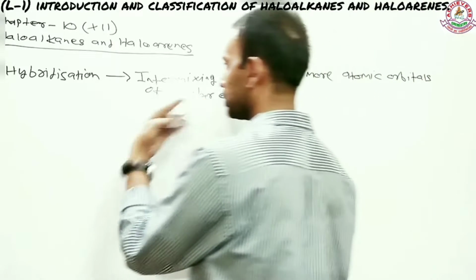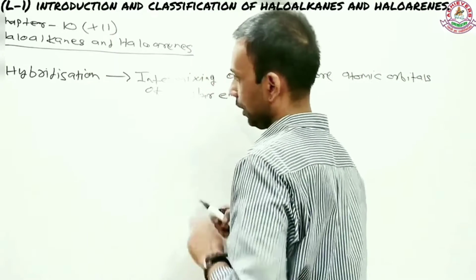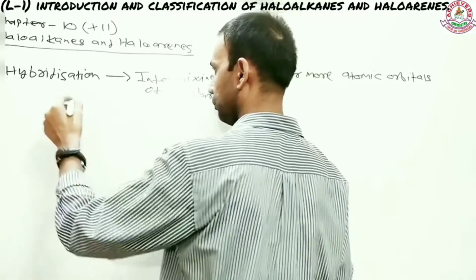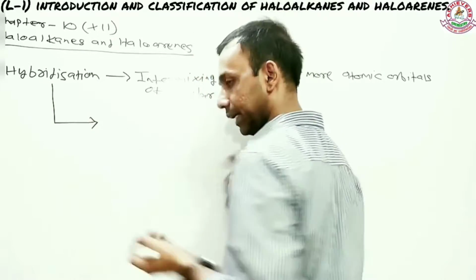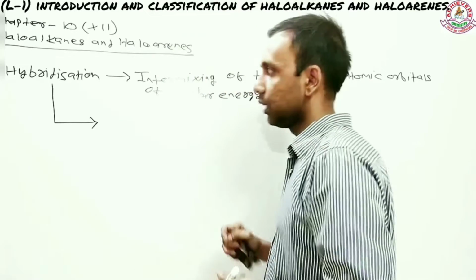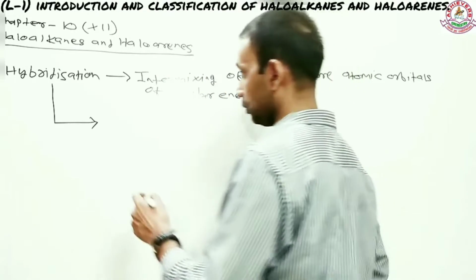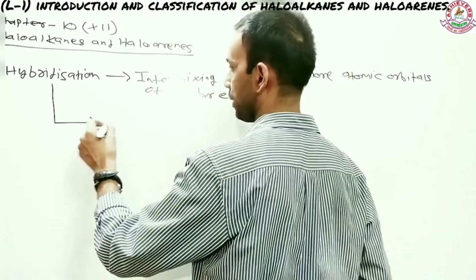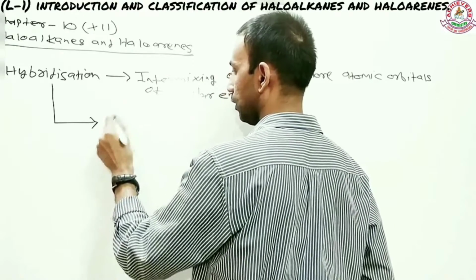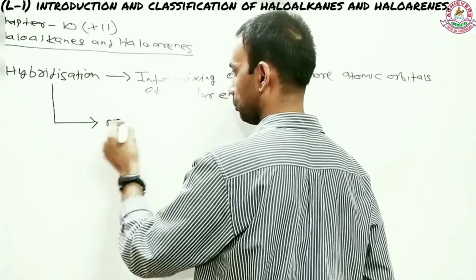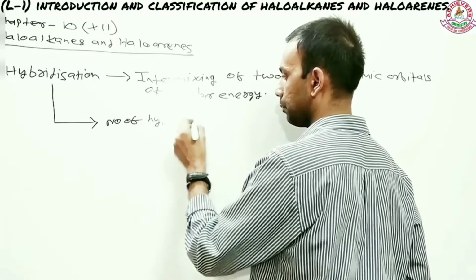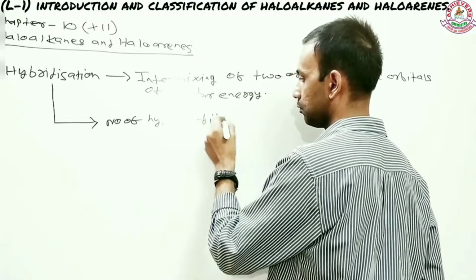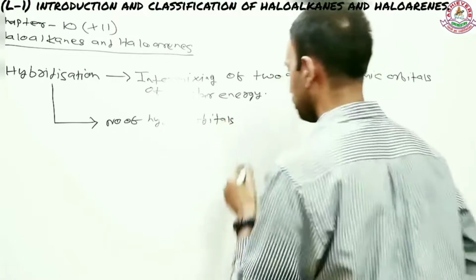What is the concern behind taking this topic right here? I'm coming to that, but before that, I'm giving you a very short formula for hybridization. For any compound, you can find out the hybridization based on the formula I'm about to mention. So hybridization is equal to the number of hybrid orbitals. And what is the number of hybrid orbitals?